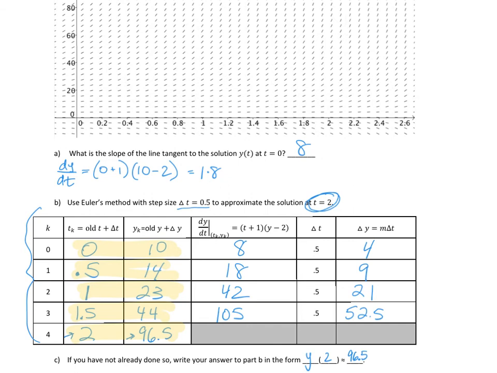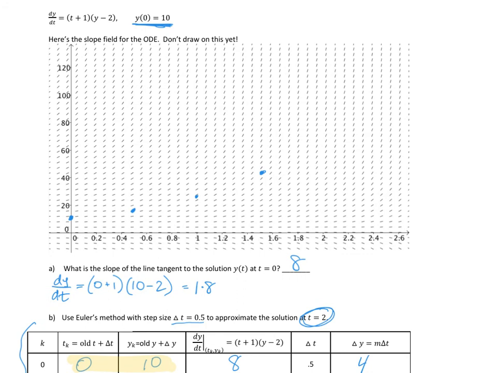So I start with (0, 10), about right there. And then I have (0.5, 14), and then (1, 23), (1.5, 44), and (2, 96.5), to almost 100, something like that.